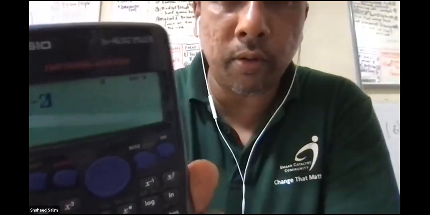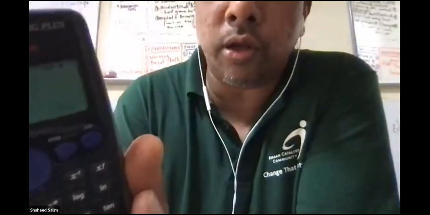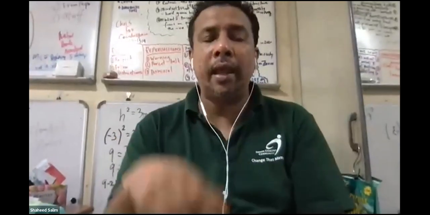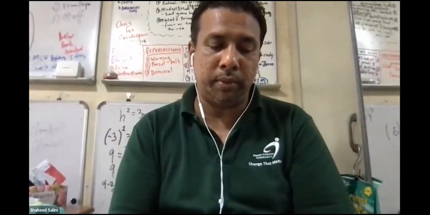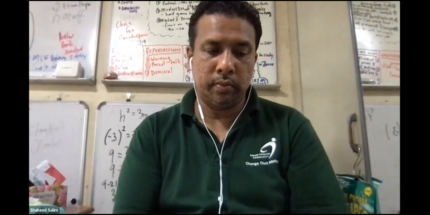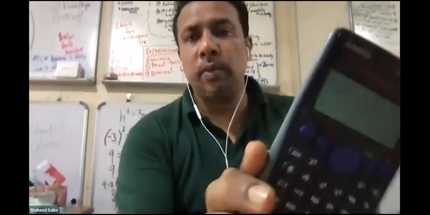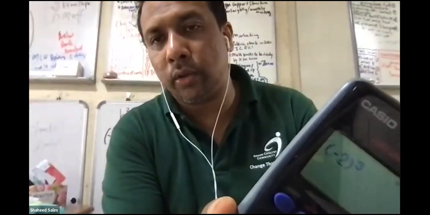Then the last part, you put your x to the power of 3. Can you see x power 3 down here? You can try that and see whether you get the same thing. So you will get something like that. Your calculator you can use to check.